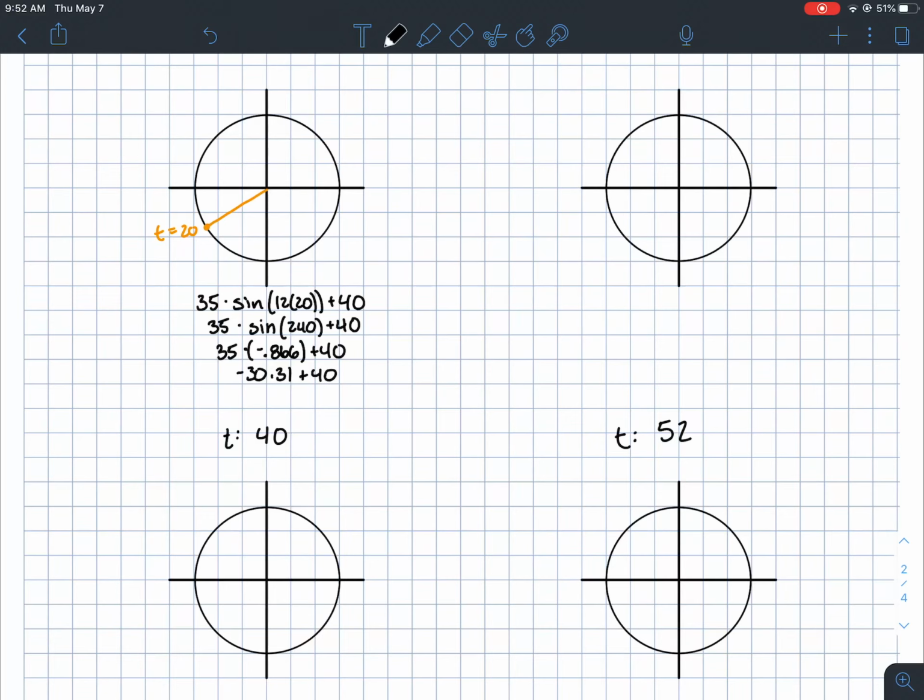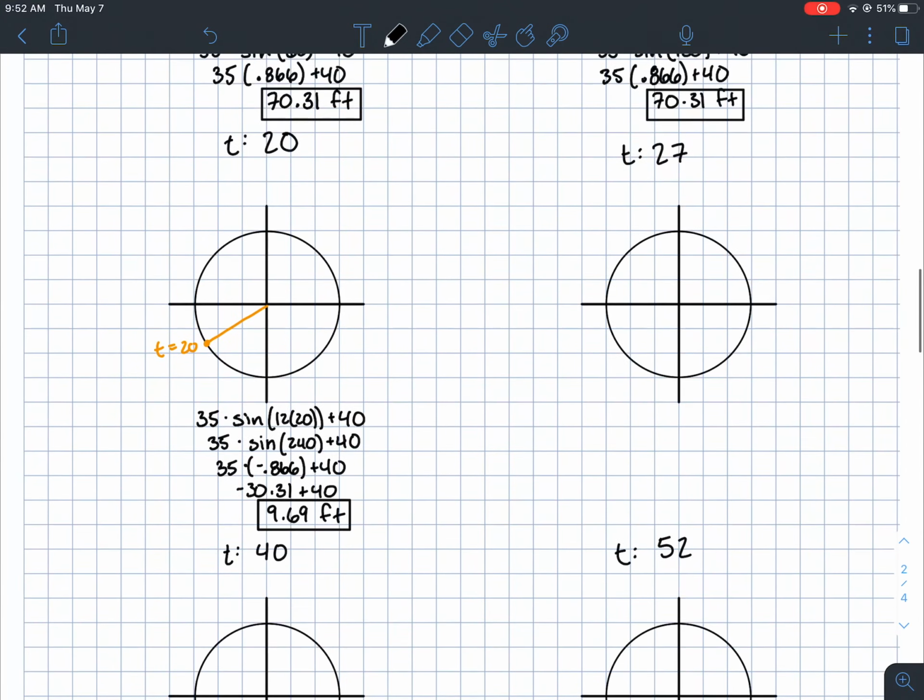Plus 40, that gets us 9.69 feet. So now we're on this lower part, and we're only 9.69 feet above the ground.